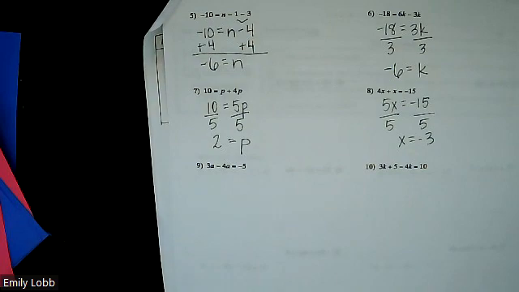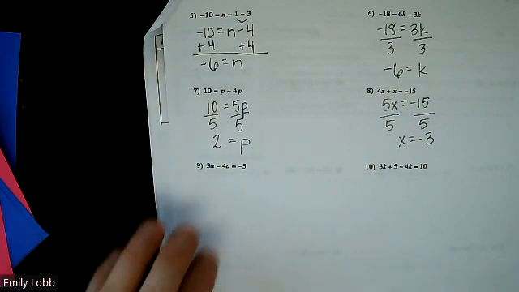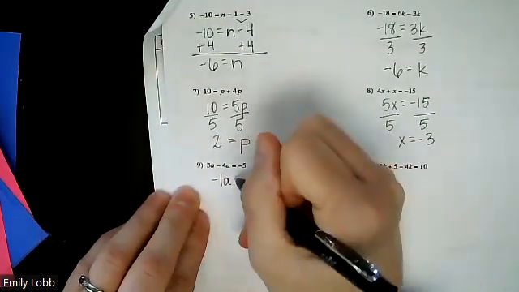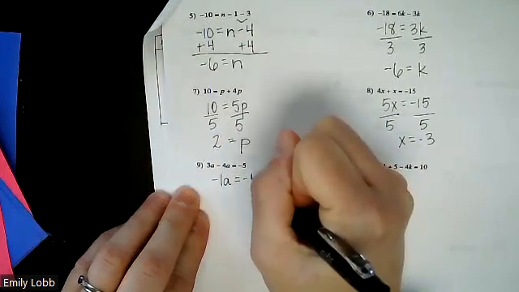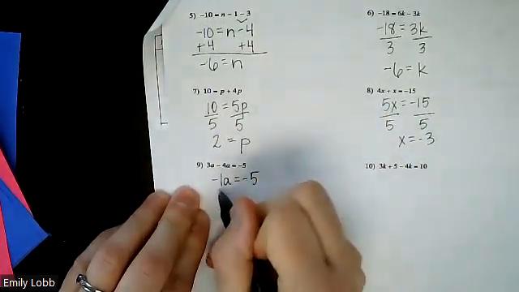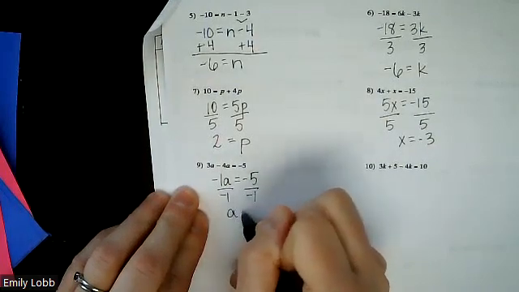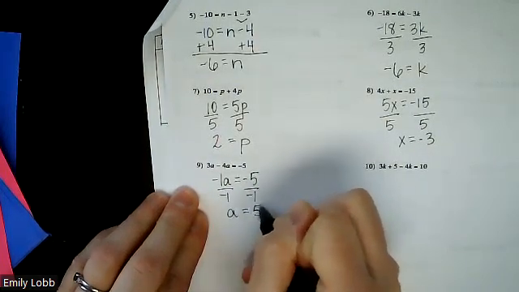What's 3a minus 4a? What's 3 minus 4? Negative 1, right? You could write negative a or negative 1 is equal to negative 5. So if I divide both sides by negative 1, a is equal to 5.